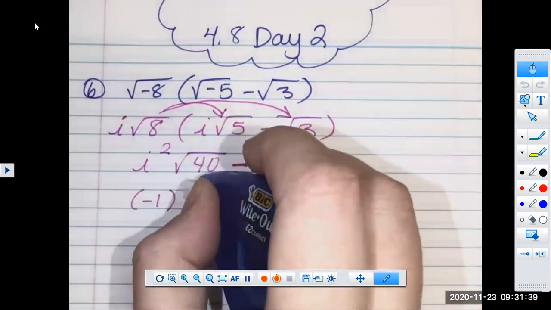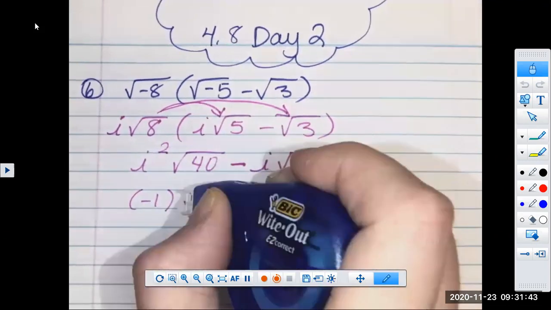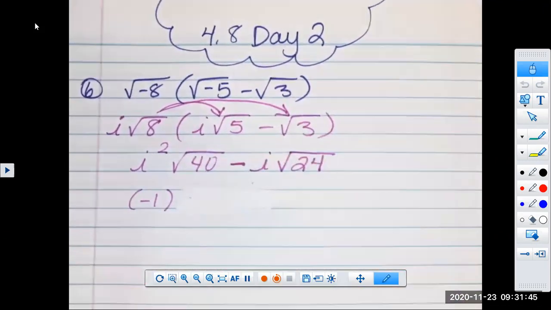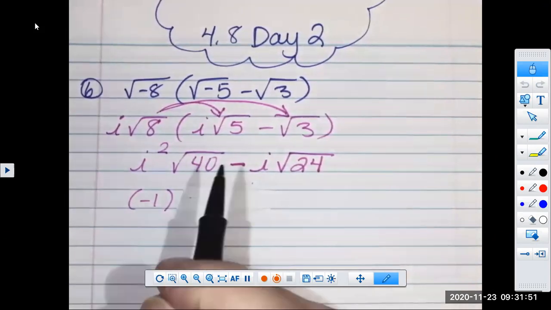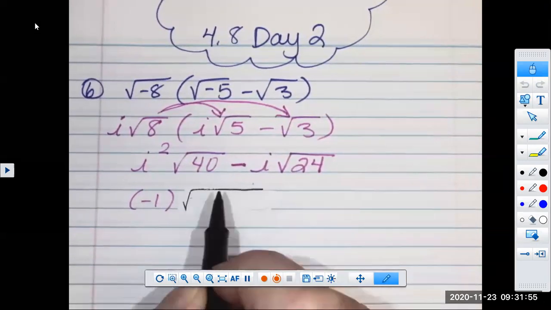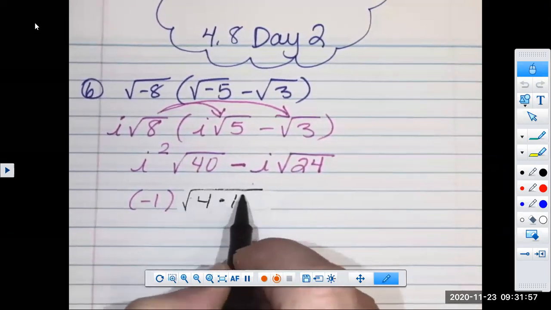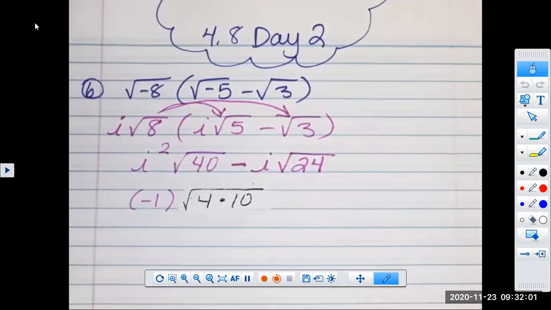Let's go ahead and break root 40 down, put it in simplest radical form, and let's do the same thing with i root 24. So we have root 40, and that will break down into 4 times 10. Remember, you divide 40 by perfect squares, like 4, 9, 16, and so on.